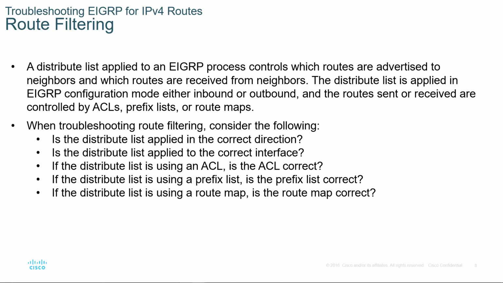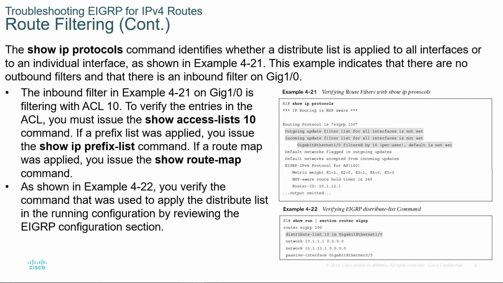So if we have a filter in place, it may be adversely affecting our routing tables. So if we look under show ip protocols, we'll see whether there's been a filter applied, outgoing and incoming. And in this example here, we can see that on our gigabit 10 interface, we have a filter by the name of 10.